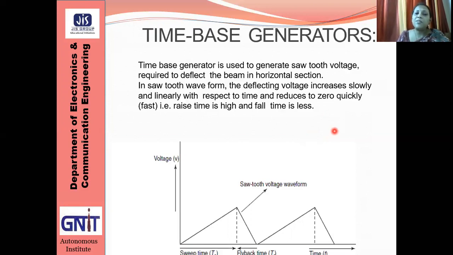That is, rise time is high and fall time is less. So we can see here that rise time is high. The time taken to reach the electron from this point to this point is quite larger than the time taken from this point to this point. That's why this is mentioned in the slide.